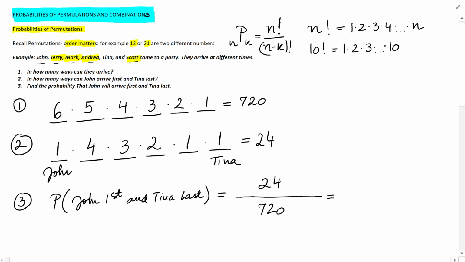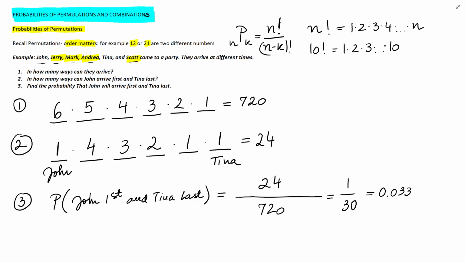So if we do the math and cancel, we end up with 1 over 30 if we leave the probability as a fraction, or we can write 0.033 with 3 decimals.